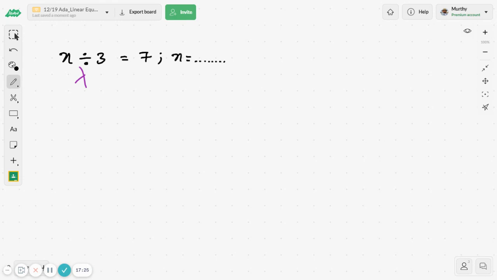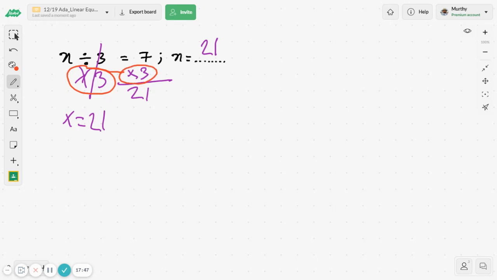Go ahead. Times 3. So just strike this. So x equals times 3. Awesome. One small suggestion: when you write times 3, you write immediately on both these sides at once.